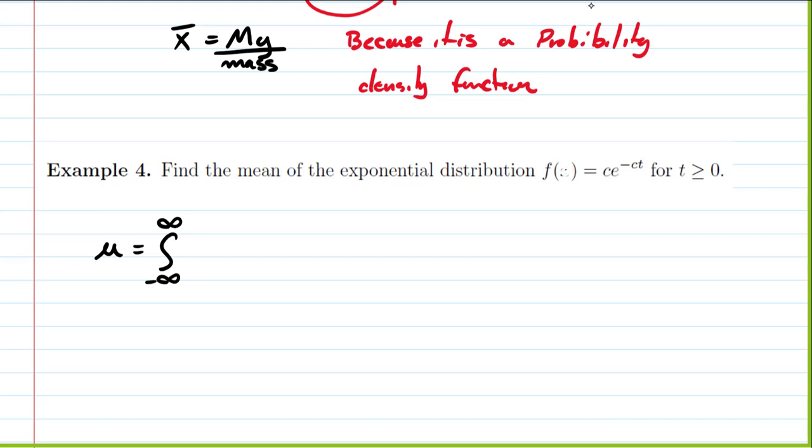I had that incorrectly here. That should be a t. So t f of t dt. So filling in those values, we're only non-zero for positive t values. So that's the integral from 0 to infinity of t times c e to the negative ct dt.